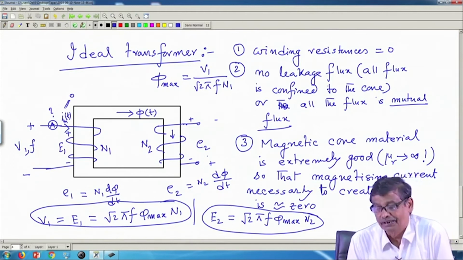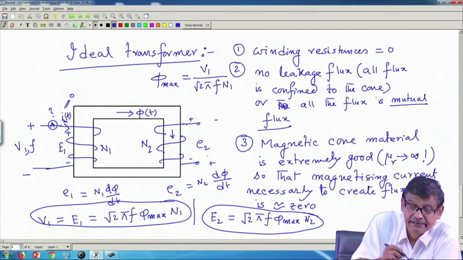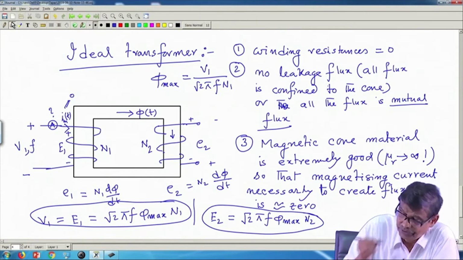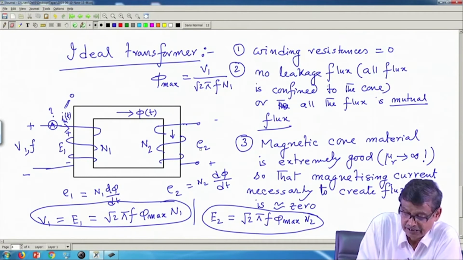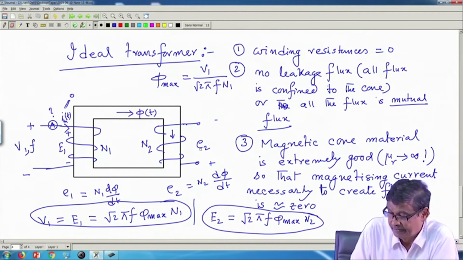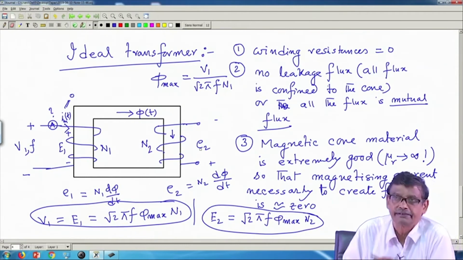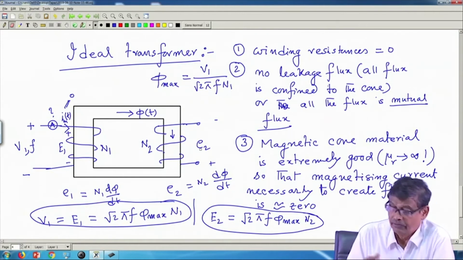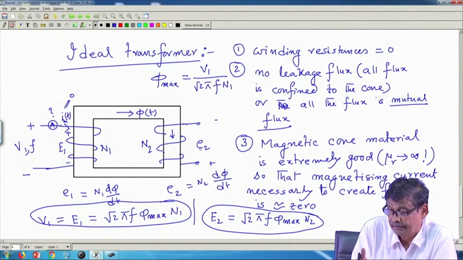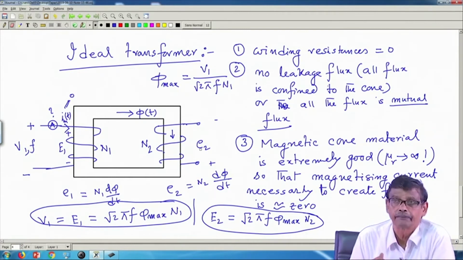Suppose I say that I am not sure, suppose this has happened, this has become plus, this is minus. Suppose, let us assume it is like that. Now, let us verify whether this assumption is correct or not.